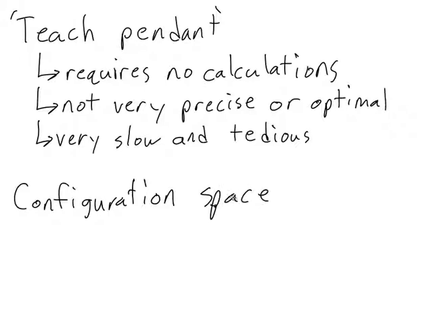We can use configuration space to do a much more precise and optimal method of figuring out the path that our robot end effector can take from point A to point B.